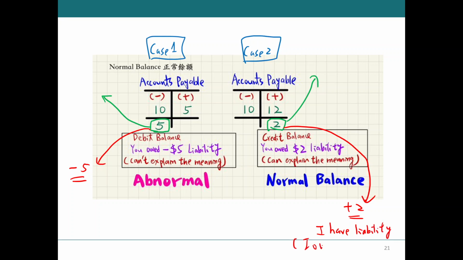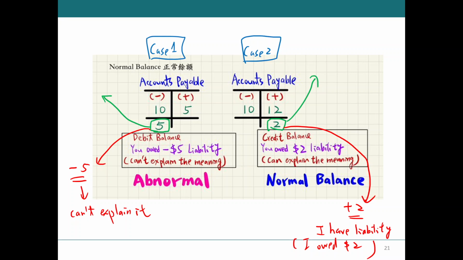I owed someone money, $2. So minus 2, I cannot explain it. So this is abnormal. Okay? Any questions?